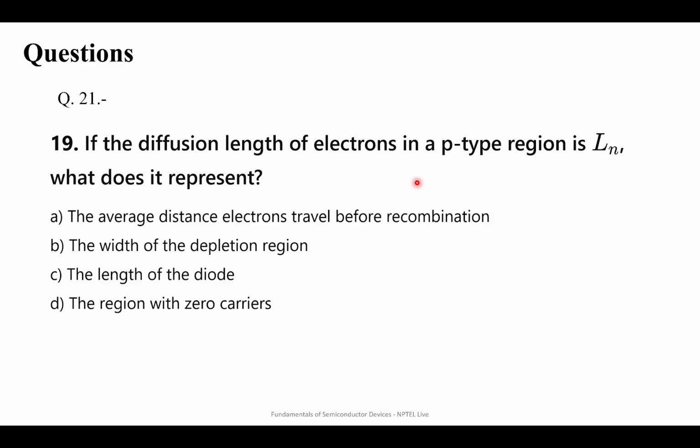Next question. If the diffusion length of electrons in a p-type region is Ln, what does it represent?